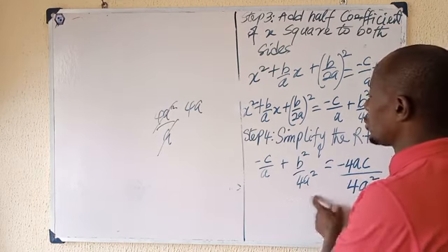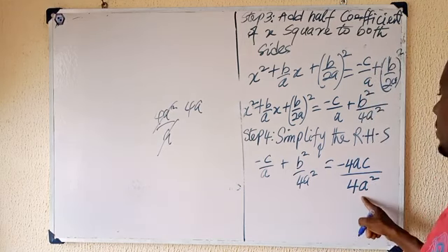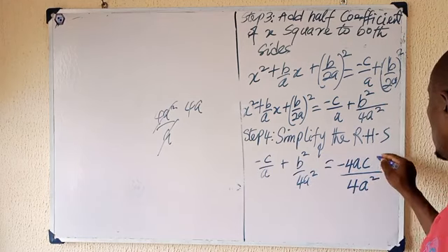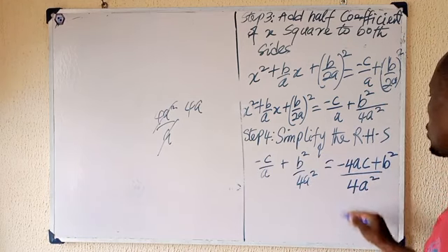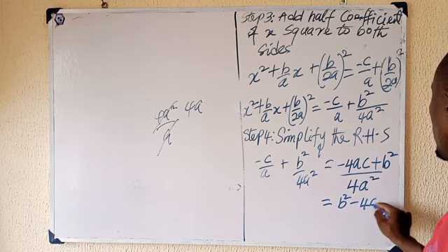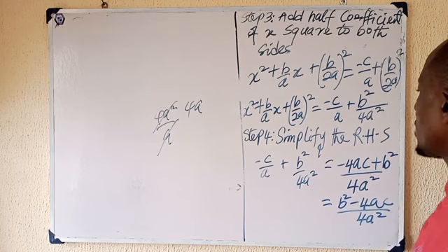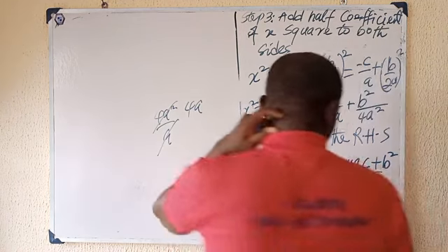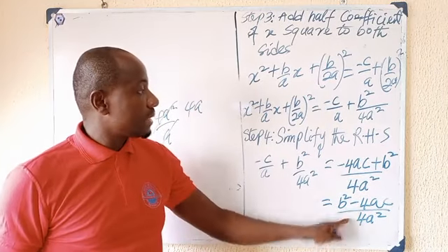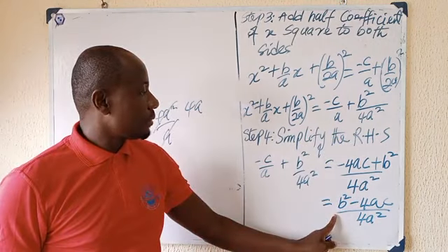You will see how to handle this particular problem. So let's proceed. 4a squared divided by 4a squared will give us 1 times b squared. So if we rearrange it, it will be b squared minus 4ac over 4a squared. So that is what we have. So if we simplify the right hand side, we will get this.